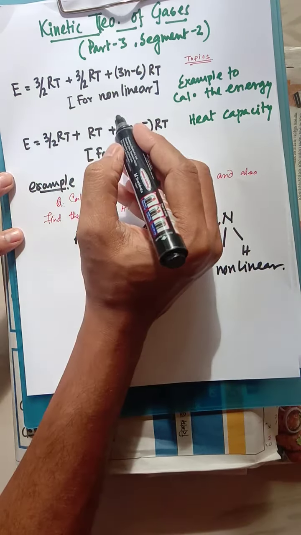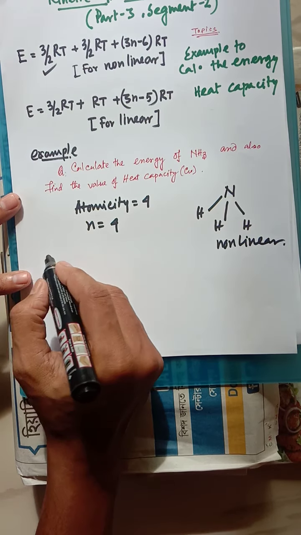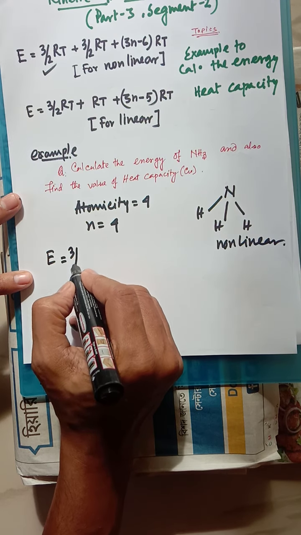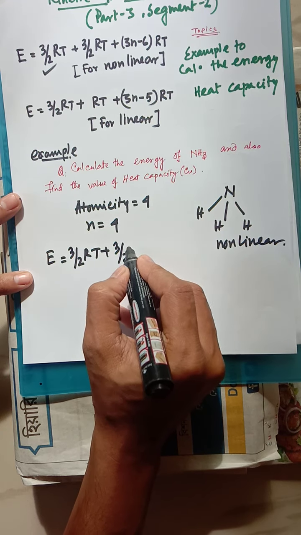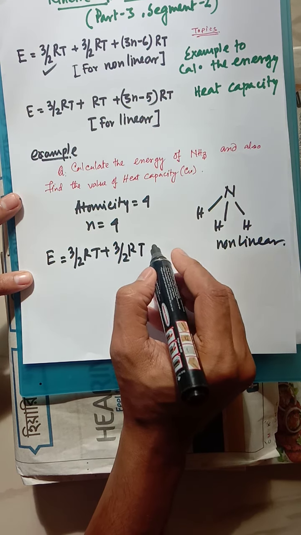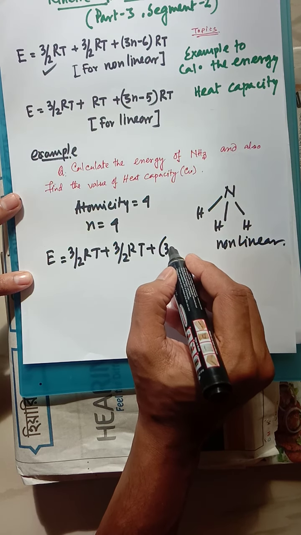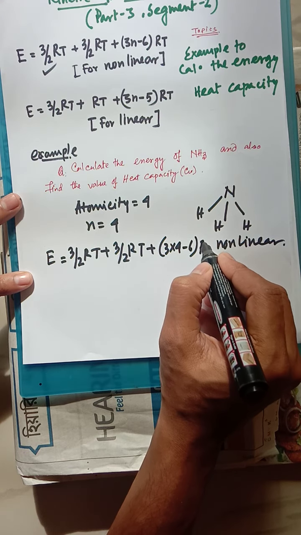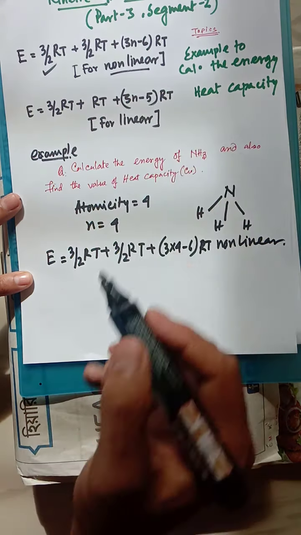So which formula do we have to apply here? This formula for non-linear. At first we have to find the total amount of energy. So E will be 3 by 2 RT plus 3 by 2 RT plus, here N equals 4, so 3 into 4 minus 6, RT, depending on this equation for non-linear.